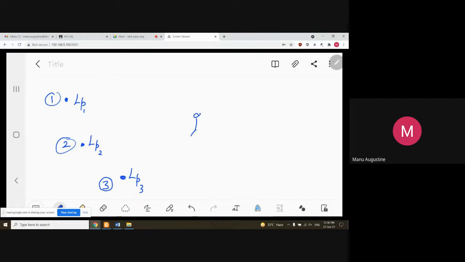The person who's standing here wants to know what is the average value of sound pressure level that he will be receiving. So all you have to do is write the expression like this. The average value of LP will be equal to 10 log 10.